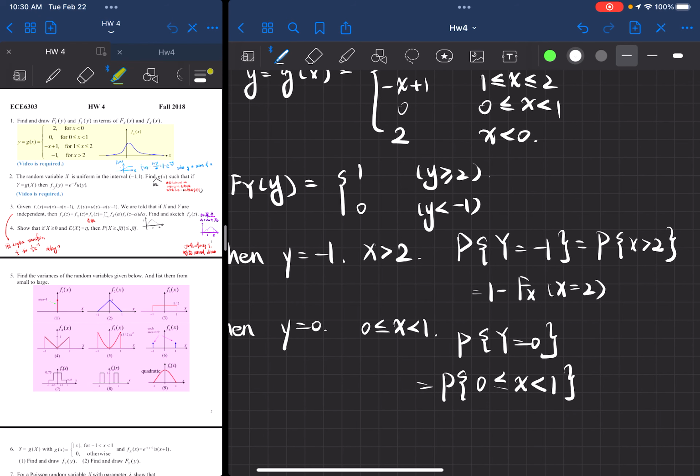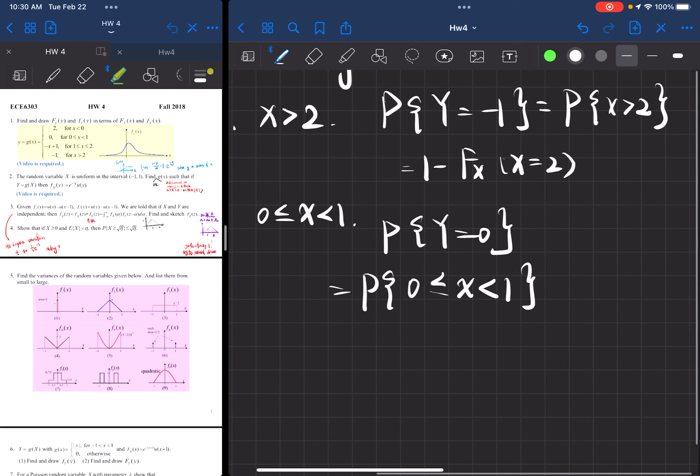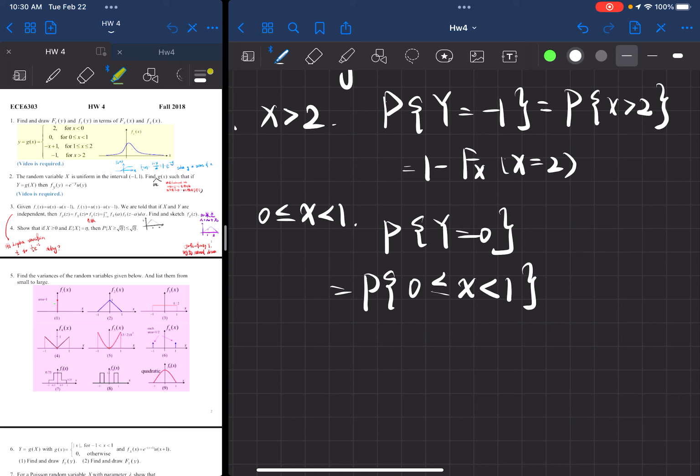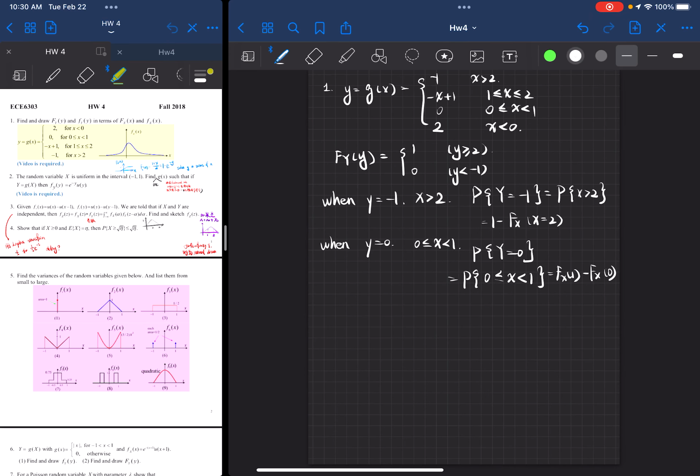It is equal to the distribution function of x at x equals 1 minus the distribution function of x at x equals 0. And let me make these two parts smaller.